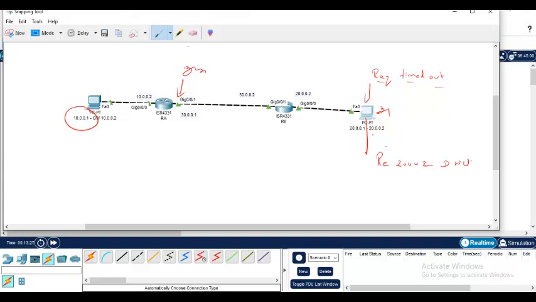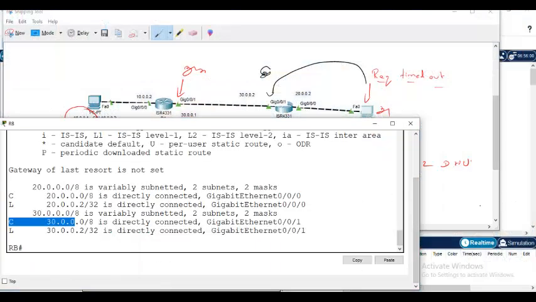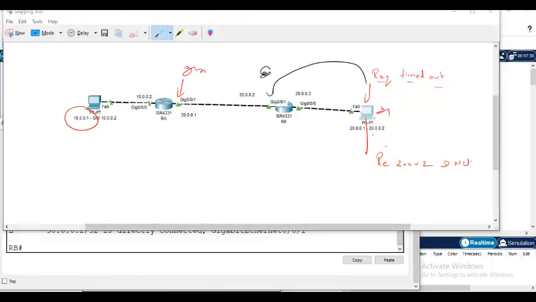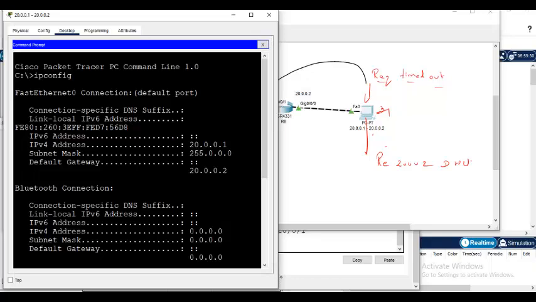If I ping from A to E, I would have got a reply. Let me show you that first. I'm pinging from A to E. This is A, 20001 computer.